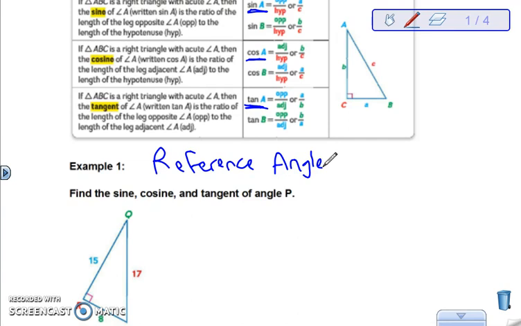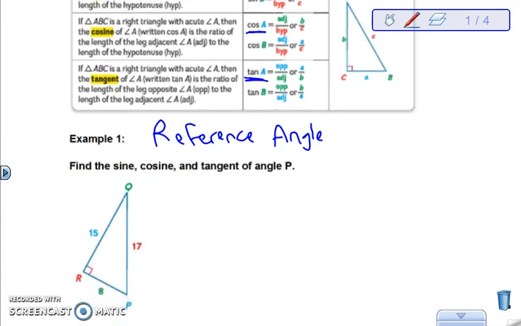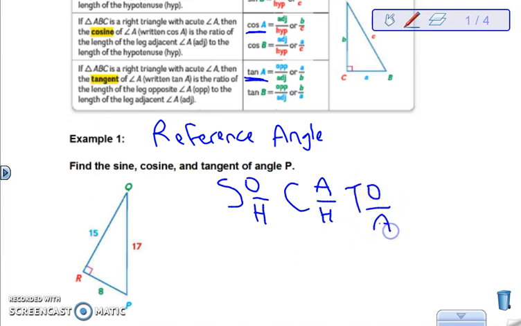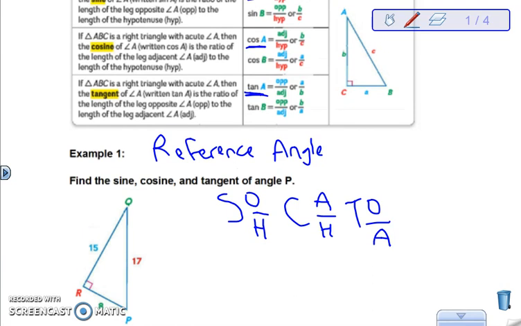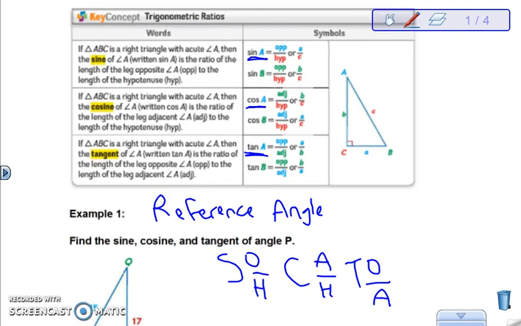To remember how these ratios work, we will need to know a little phrase. That phrase is pronounced Sohcahtoa. So what do these letters stand for? Well, if we know what the letters stand for, the acronym will make sense.